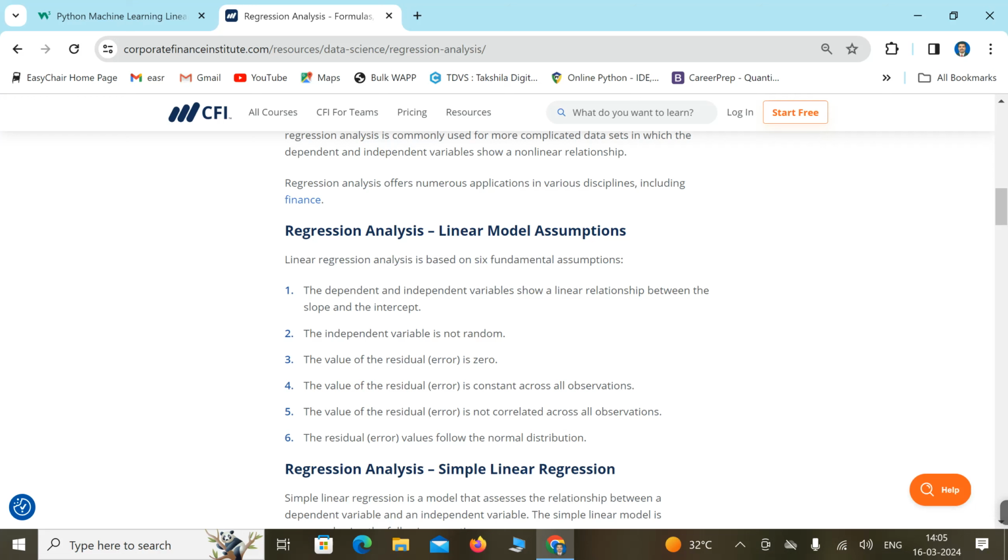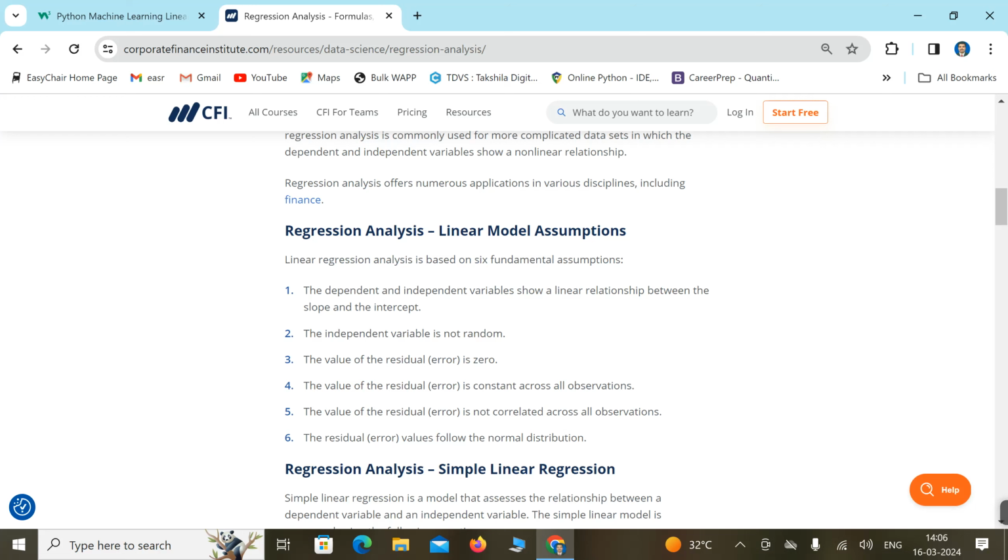It cannot be random. Why? Because there is a relationship between dependent and independent variables, as the fundamental definition of regression analysis says. So under this linear model of assumptions, the independent variable cannot be random.